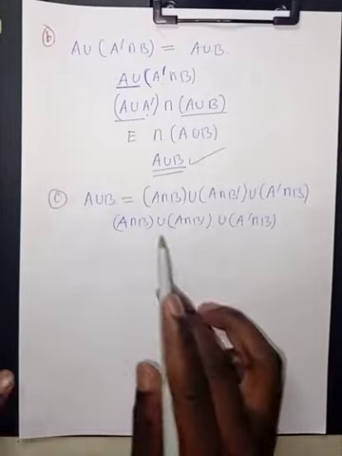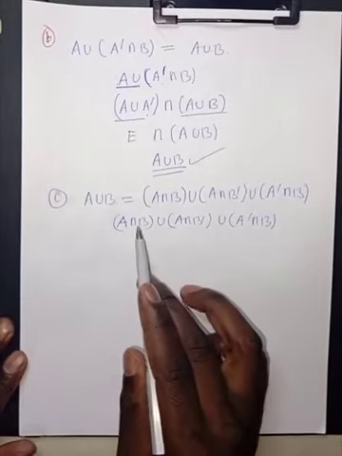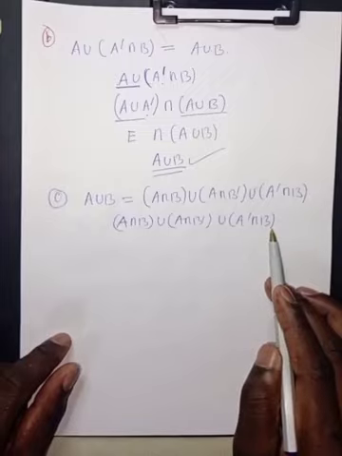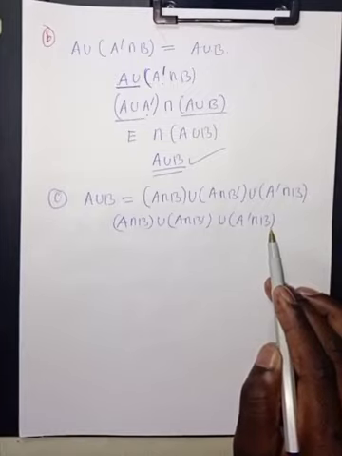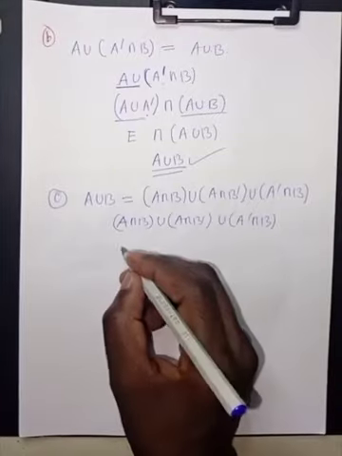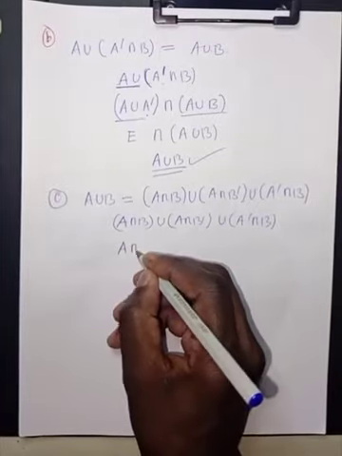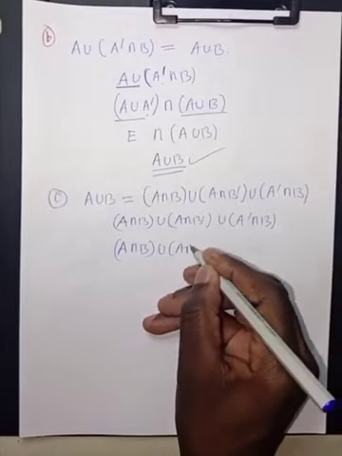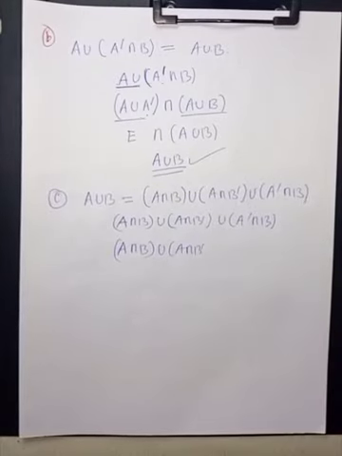So what we do, first focus on the first two items. When we combine these two, we get a single answer, and then we can combine it with the remaining part. So we can simply say, okay, I'll start with A intersection B, then union A intersection B complement.